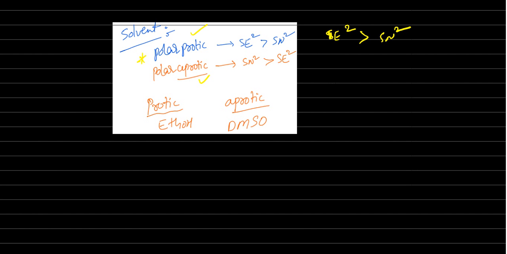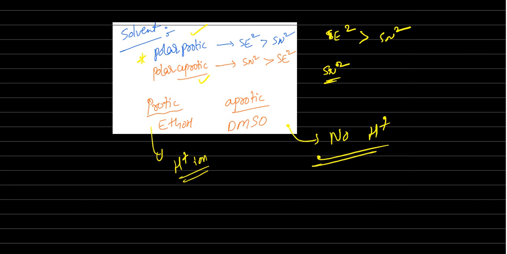Suppose an aprotic solvent is there, then SN2. What are the aprotic solvents? See here, for example: a protic solvent means one which can donate H plus ions. Aprotic means no H plus ions.